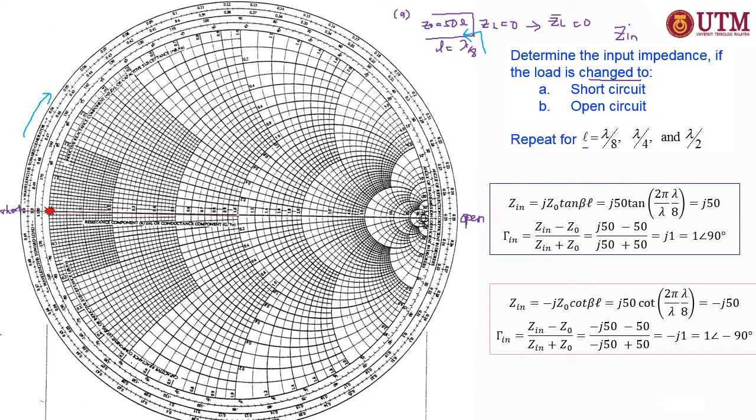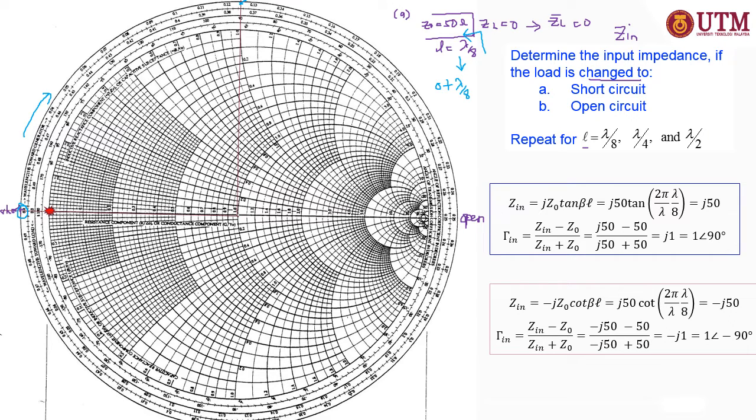So the value now is 0. So if it is lambda over 8, it is equal to 0 plus lambda over 8, 0.125. So you'll get there 0.25.